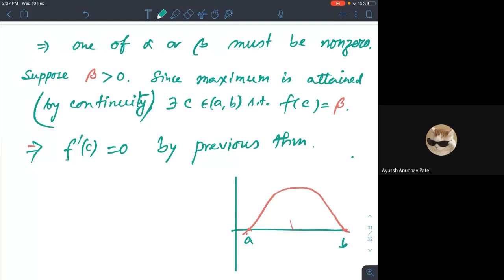True, you are right, but at the endpoints it is zero. And since beta is greater than zero, it must be inside the open interval AB. Okay, sir. Any other question?